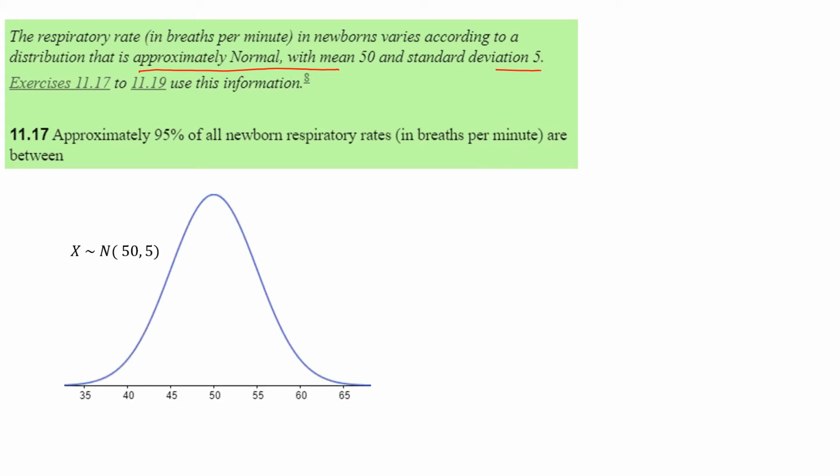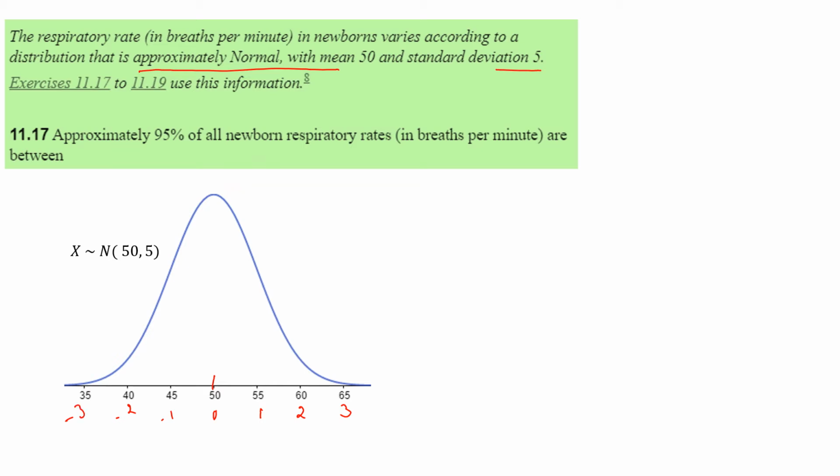Let us draw a normal curve with mean at 50. We can construct 3 points to the right because the maximum lies between negative 3 sigma to positive 3 sigma. This is my mean, mu. There is 1 sigma, 2 sigma, 3 sigma, negative 1 sigma, negative 2 sigma, and negative 3 sigma.